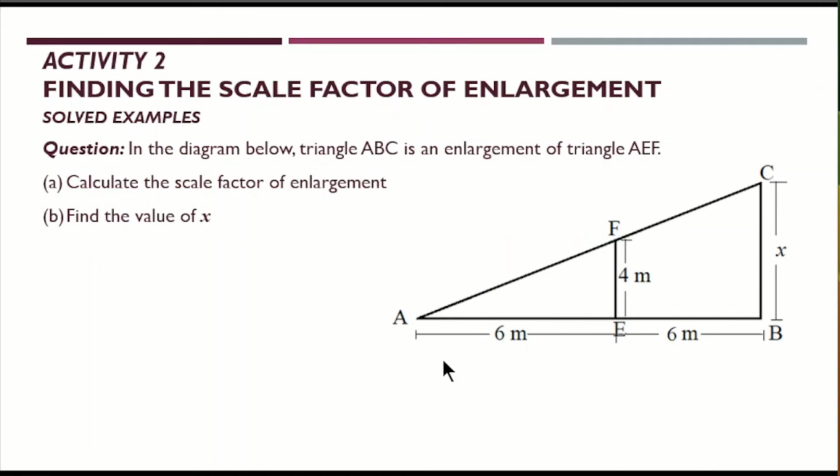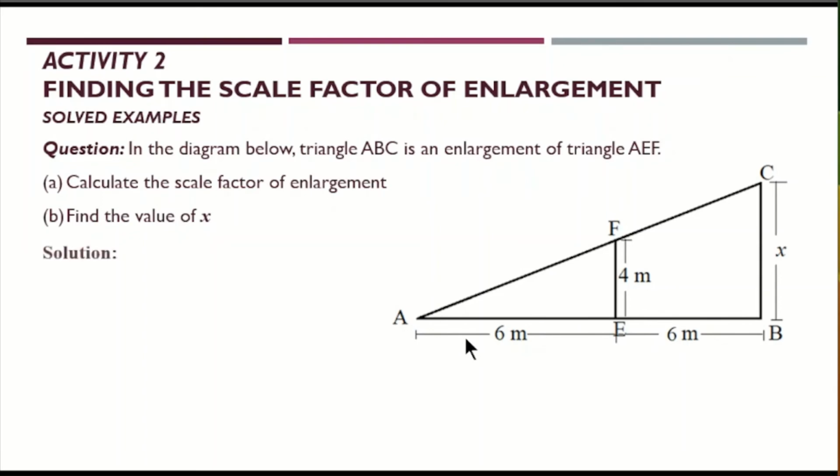And the small triangle AEF is the object. That means we have the corresponding sides here. The image length is 12 meters, AB, and then the object length is 6 meters.